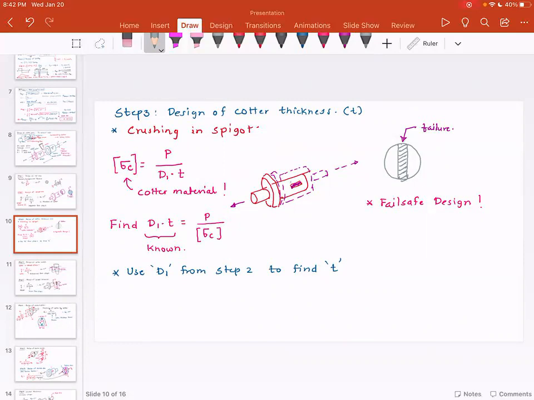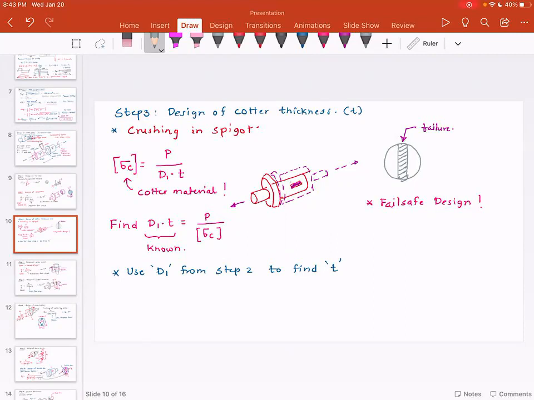Whenever you look at design, you will never find a cotter joint that is designed exactly as per your spec. For example, if your rod dimension is 38.2, you will never find a cotter joint that will have 38.2 as the rod diameter. You may have the rod diameter as 33, 34.